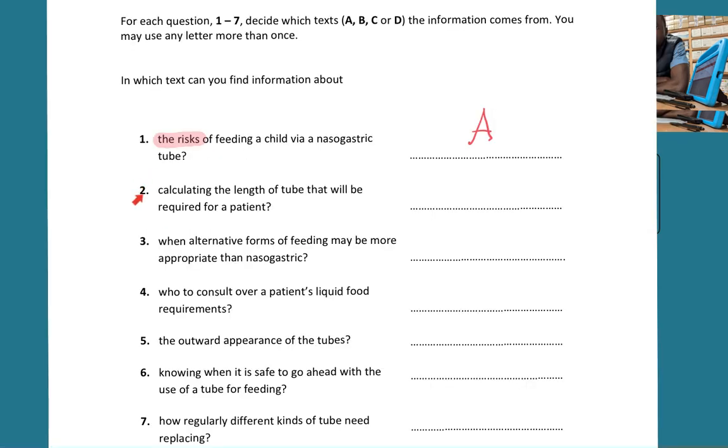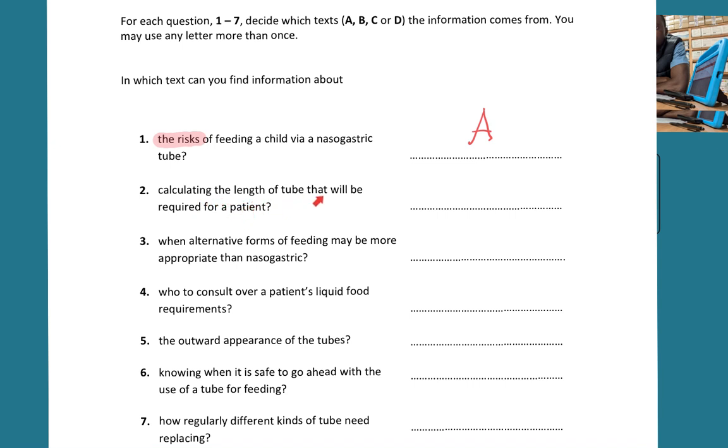Question number 2, calculating the length of tube that will be required for a patient. So just by the look of the question, you can see it's about taking information, and is more or less like performing a procedure.